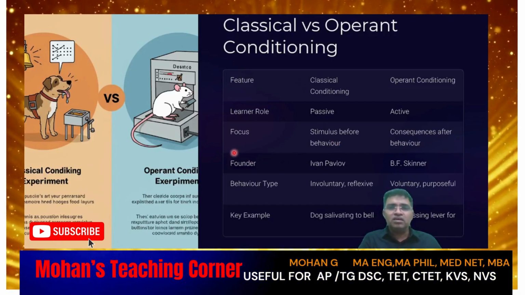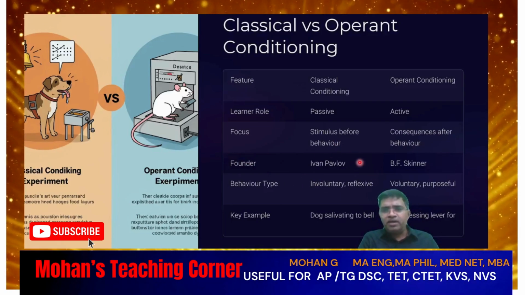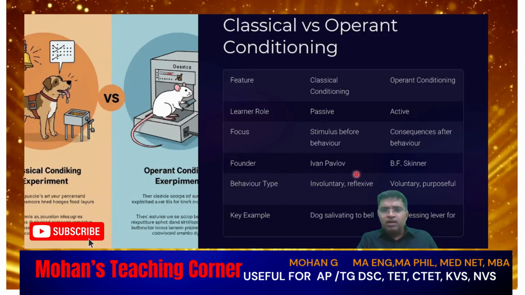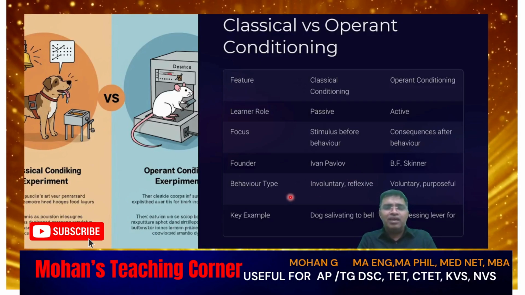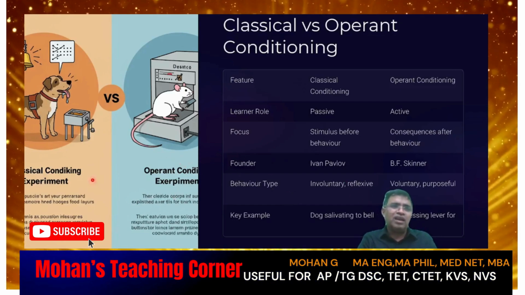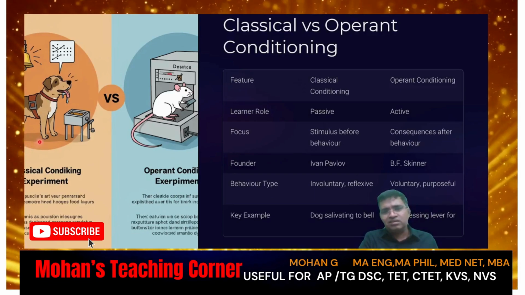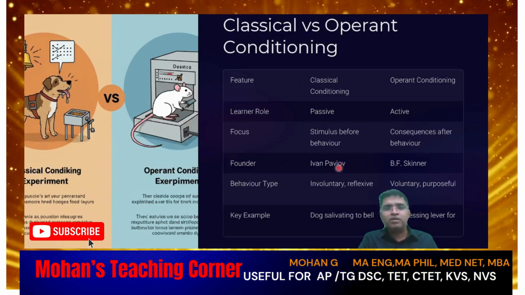The founder of classical is Ivan Pavlov, and operant conditioning is B.F. Skinner. Behavior type: here the dog's behavior is involuntary and reflexive, the dog just stands like this, but here it is voluntary and purposeful.